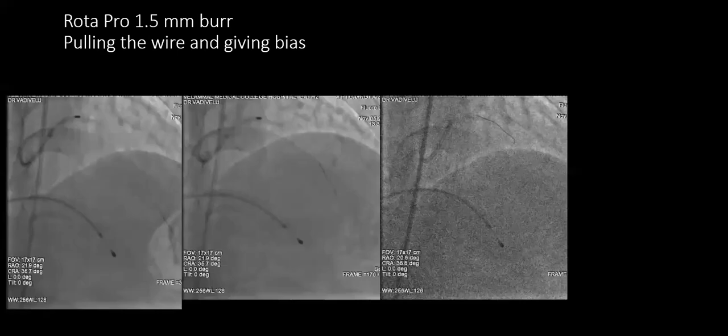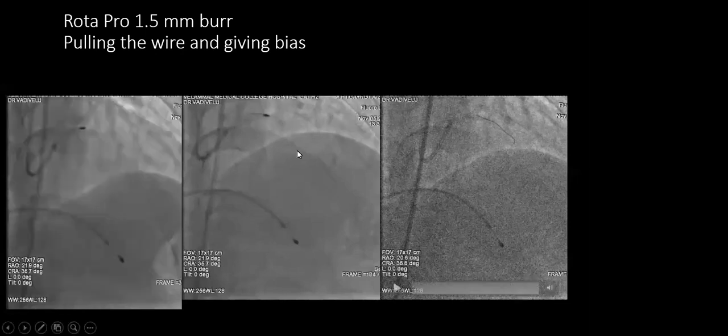So the middle slide is the example of giving bias using the Rotalink. The rest of the thing is straightforward: solution yielded and centered, and post dilatation. You can see this is the post 3 NC, and the final picture is not bad.